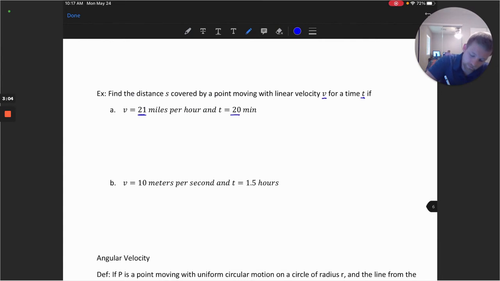We can remember that the velocity v is always going to be the distance s divided by t. And so when I'm going to actually find s, I can set my velocity, this is 21 miles per hour, equal to my distance, s, divided by my time.